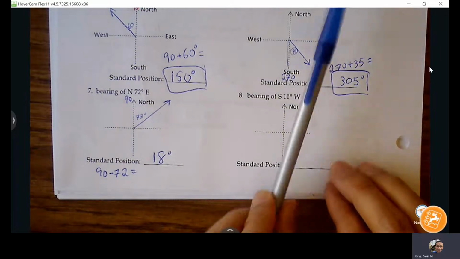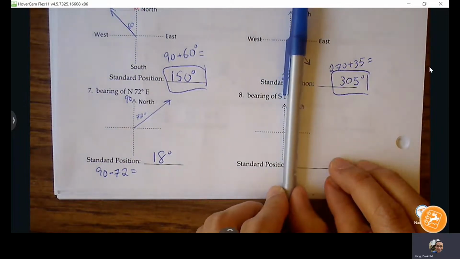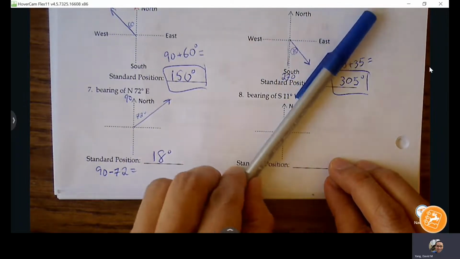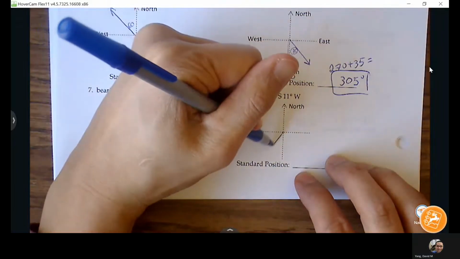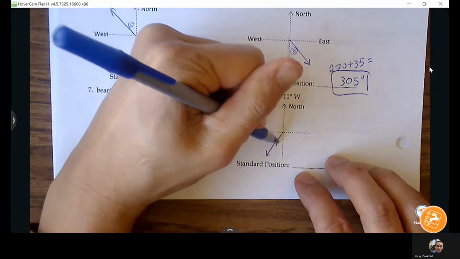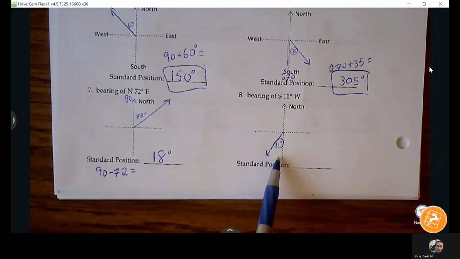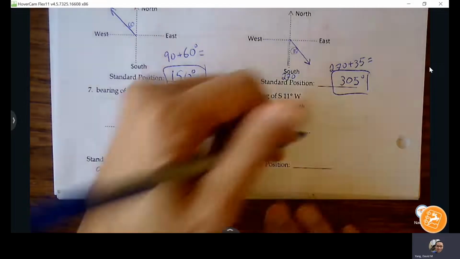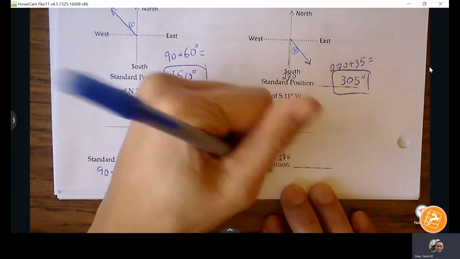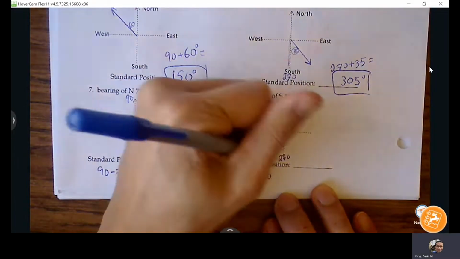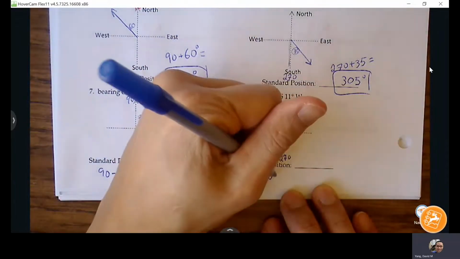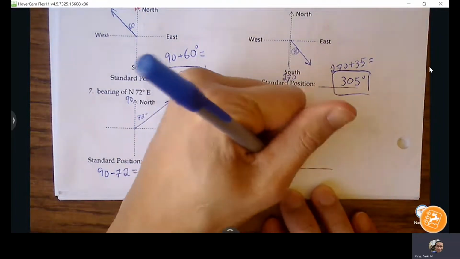Third quadrant, yeah. So starting south, you want to move towards the west, 11 degrees. How can we quickly get to that third quadrant standard degree measurement? Yep, 270. We want something between 180 and 270. So if I subtract 11 from 270, I can get there.